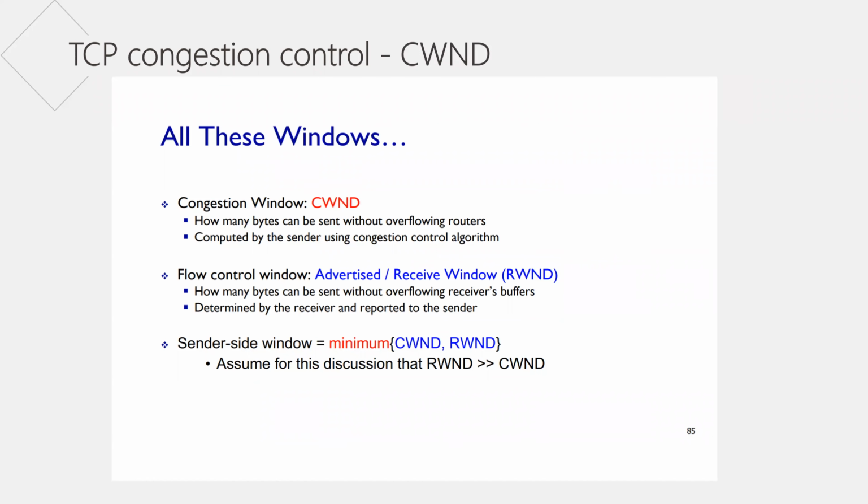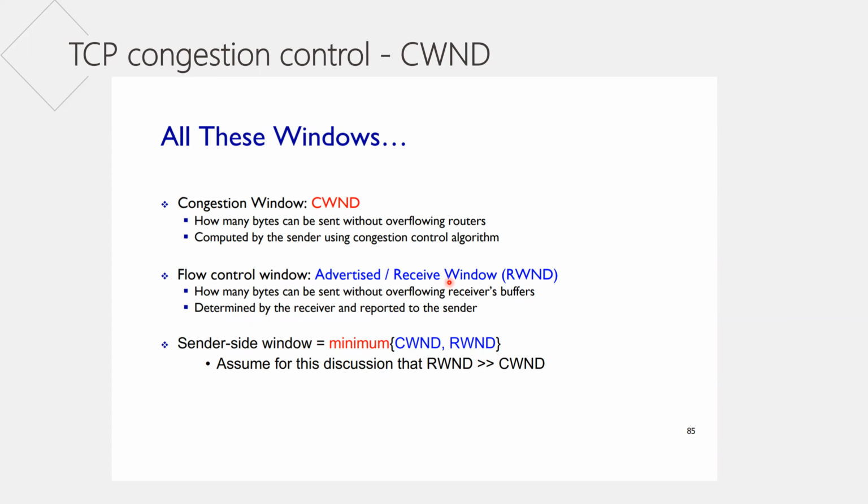So let's see, how can we do it? The first concept is the Cwnd, congestion window size. In here, we set the CWND in the unit of bytes instead of the packet number. We will have a look at it later. But you only need to know CWND means congestion window, and RWND means the receive window.